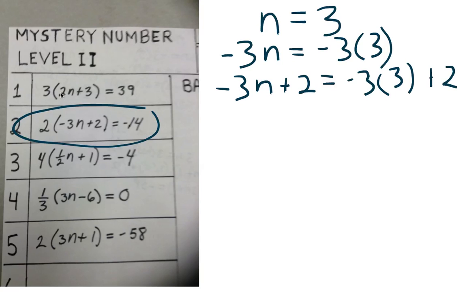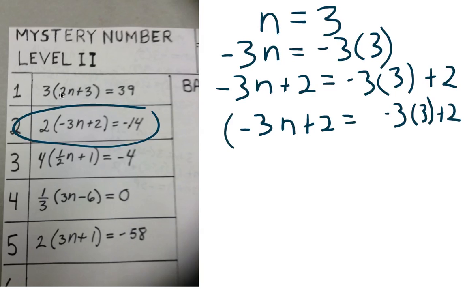Now we're going to make another copy of this so that we can double the entire amount. So it went from negative 7 to negative 14 on both sides of the equation. So it's important that you make a copy of what we have and then double both sides. So our value is negative 14.